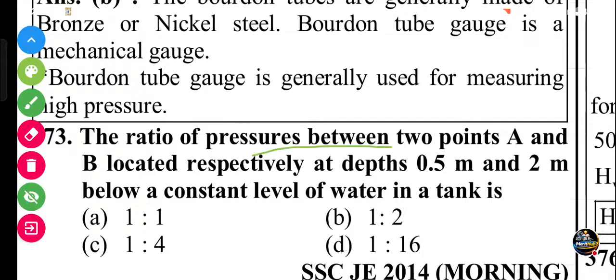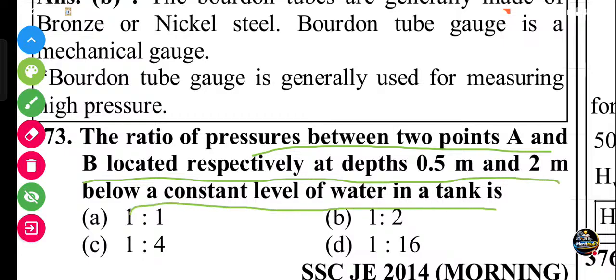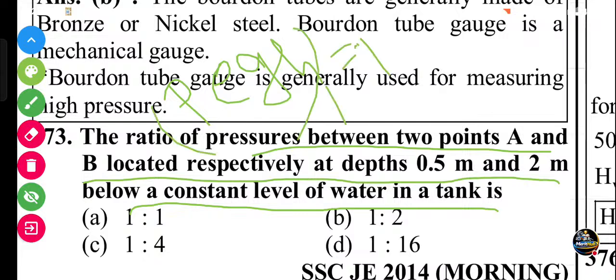The ratio of the pressure difference of two points A and B located at respective depths below the constant level of water in a tank. So P equal to rho g h1 and P equal to rho g h2.